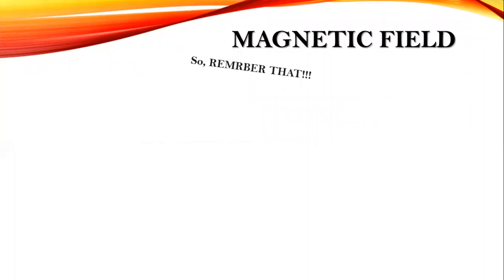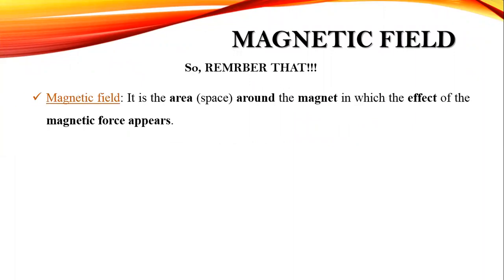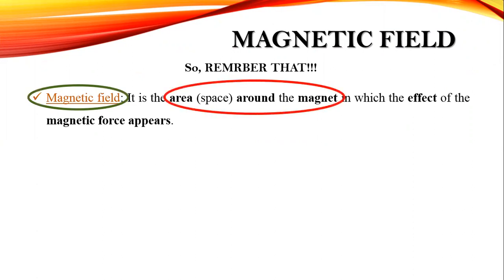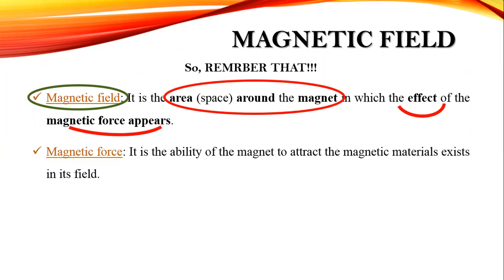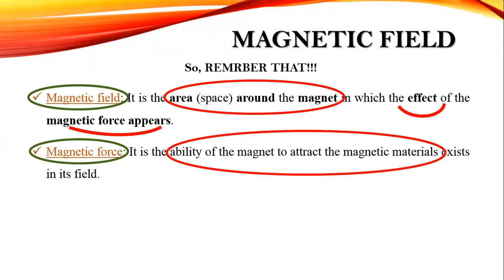One more time, remember that the magnetic field is the area or space around the magnet in which the effect of the magnetic force appears. While magnetic force is the ability of the magnet to attract magnetic materials that exist in its field.